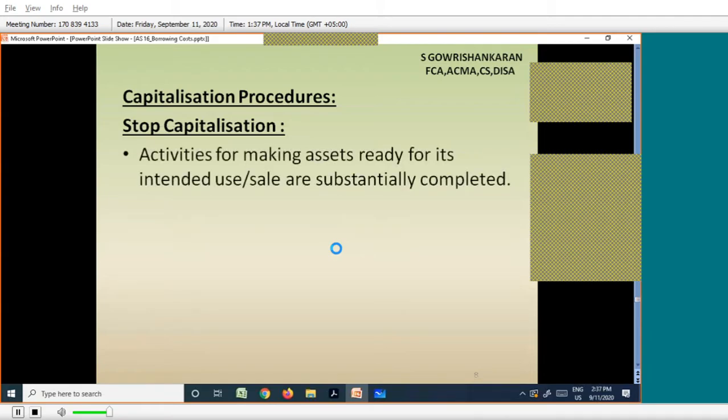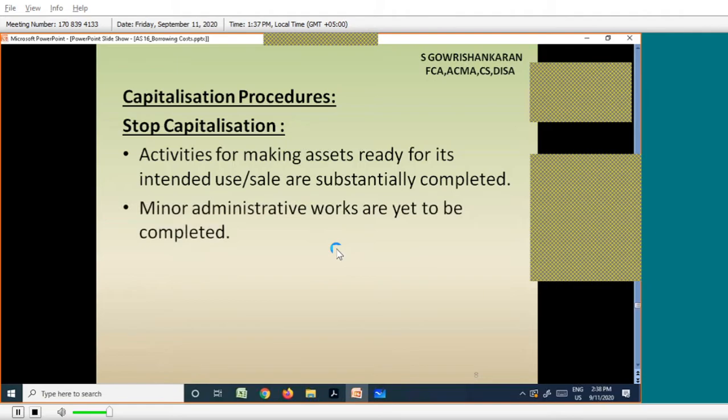Activities for making the asset ready for its intended use or sale are substantially completed. Okay? That is substantially completed. Then minor administrative works are yet to be completed. Meaning, sir, I completed all the work, but some painting work, I have to put some painting work, sir, for additional beautification.